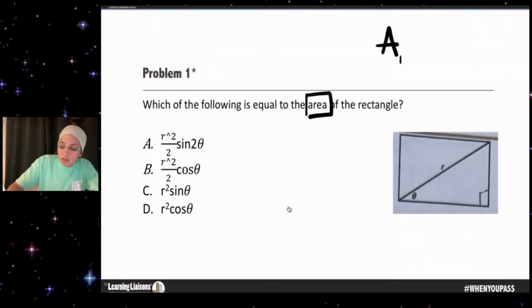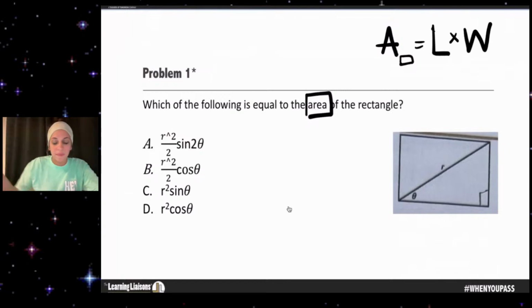Area of a rectangle equals length times width. Got it? Okay. So I know I need to do length times width. What else do I know about this problem?